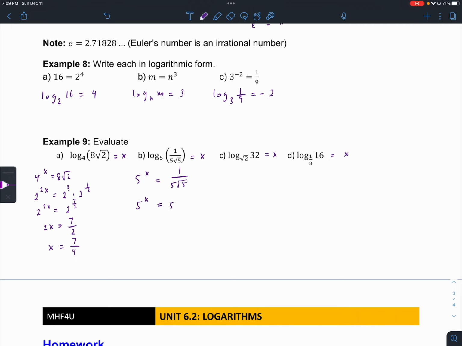So we can change this to 5 to the exponent of negative 1 multiplied by 5 to the exponent of negative 1 half. Then we have 5 to the exponent of x is equal to 5 to the, so we add these together, we get negative 3 over 2. We can drop the 5s to get x is equal to negative 3 over 2.